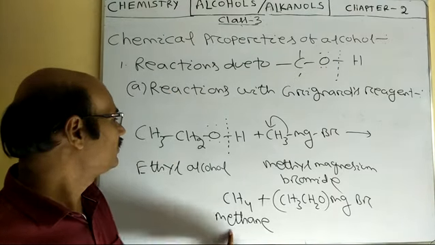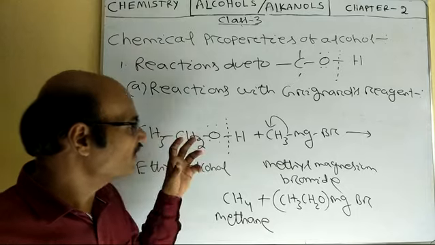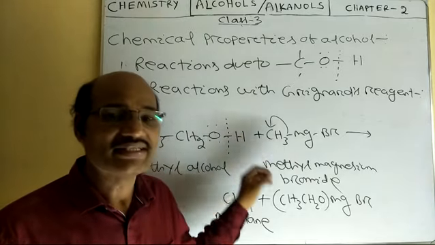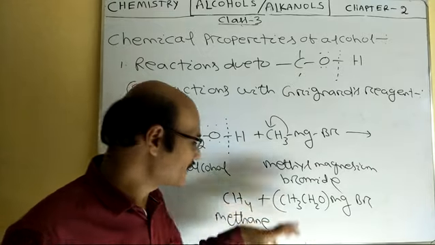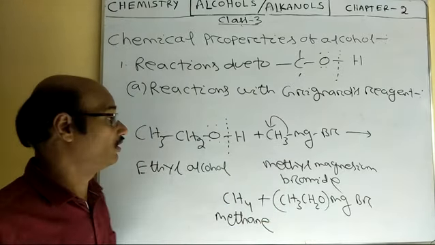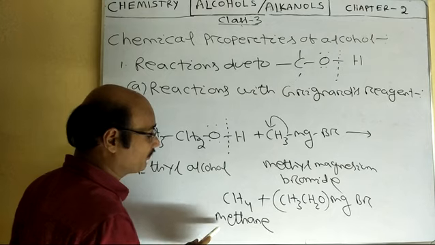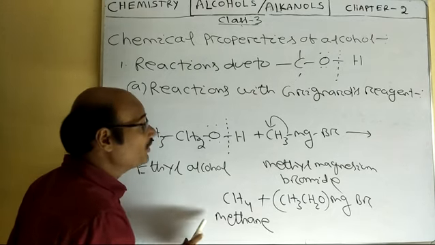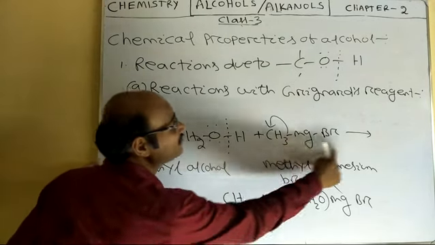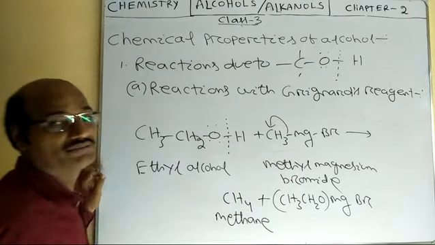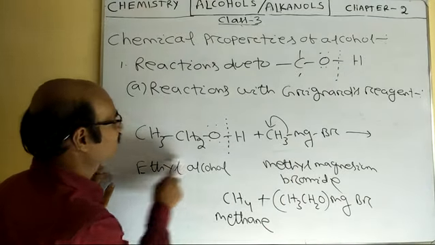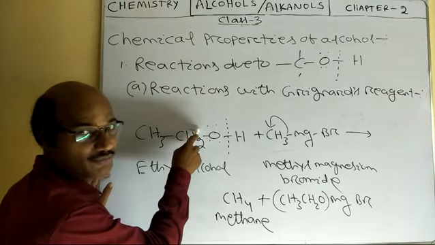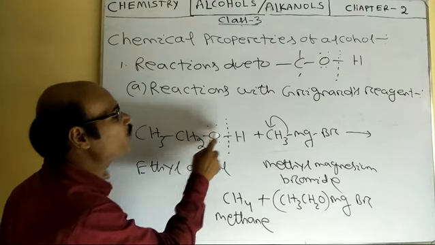So you can say, when alcohols are treated with Grignard's reagent, alkyl magnesium halide, then an alkane will form. And remember here, the alkane formed is from the alkyl group of the Grignard's reagent. We cannot take this alkane from the alcohol, because we are going to break the OH bond.